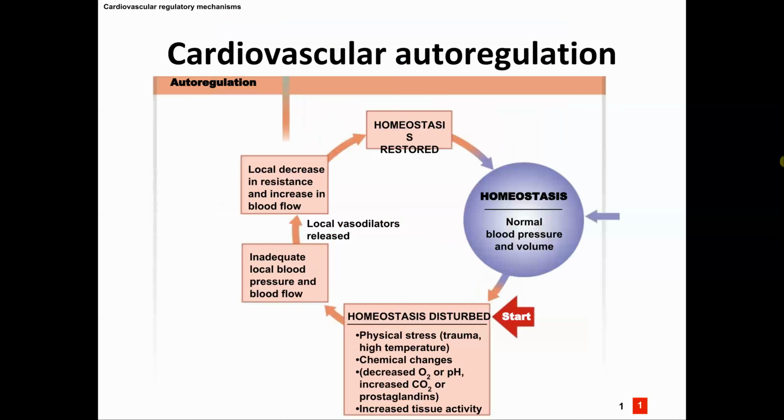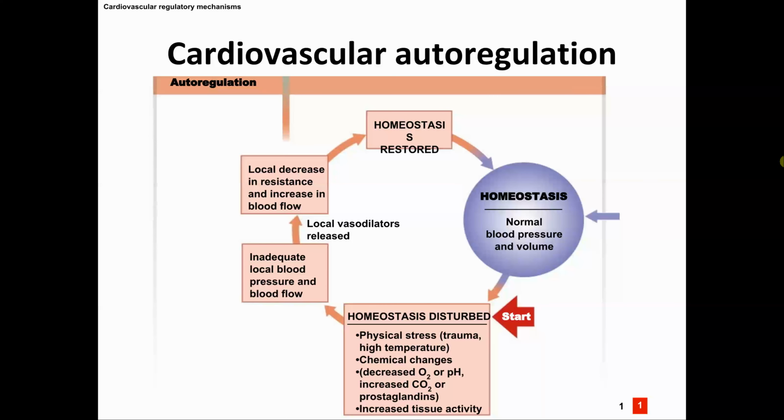Some ways that our homeostasis can be disturbed: physical stress like trauma or high temperature, chemical changes like running low on oxygen or having too much CO2 or the pH being too acidic, or stress chemicals, or just increased metabolism. We need to get more nutrients and oxygen to the tissues. So whatever it is, the blood flow and pressure we have is no longer adequate for the tissue needs.